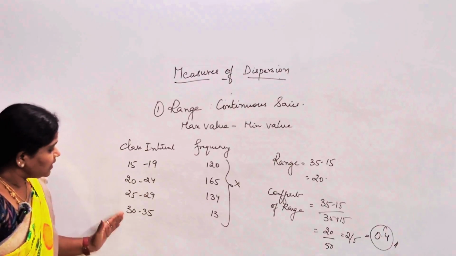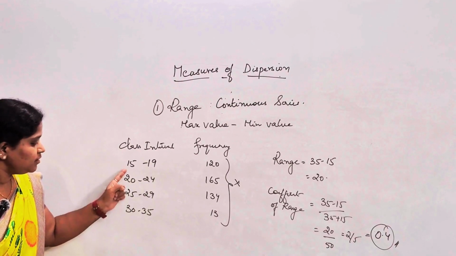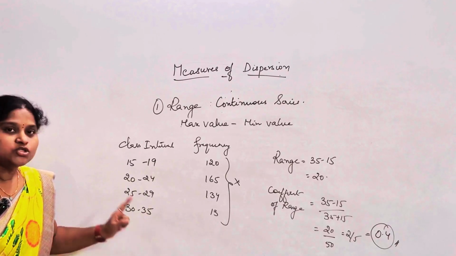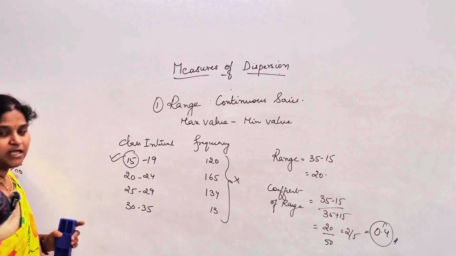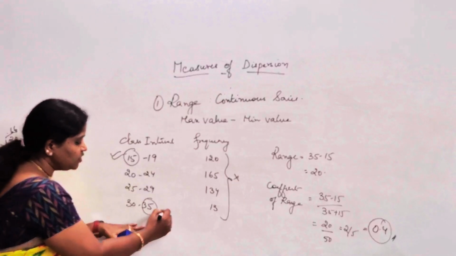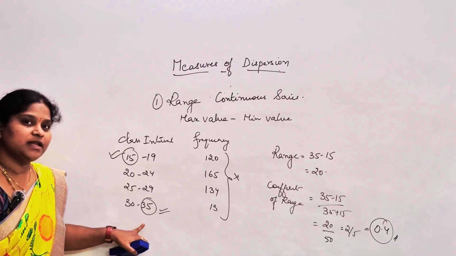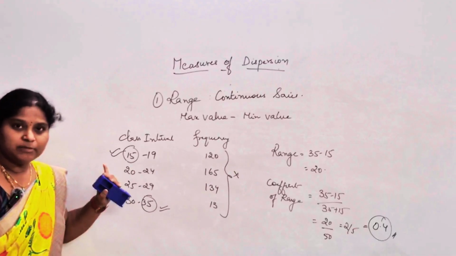For the complete data, the class intervals start from 15 and end at 35. So we know the lower limit of this particular data set is 15 and the upper limit is 35. So 35 will be the maximum value and 15 will be the minimum value.